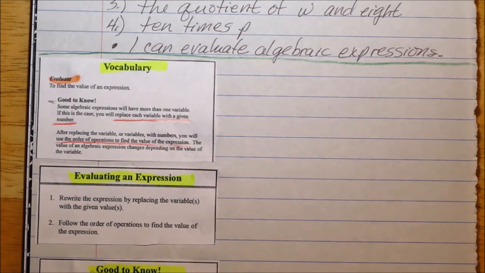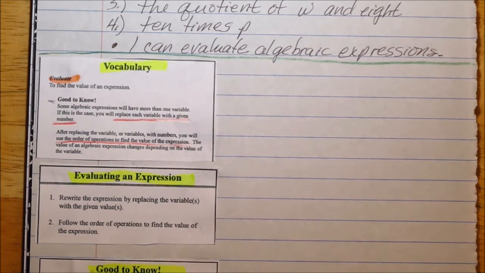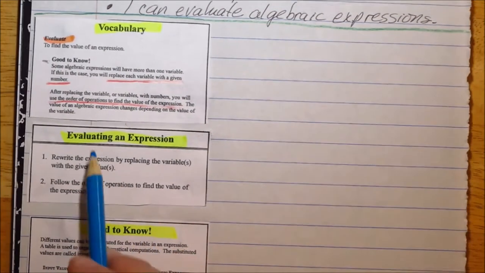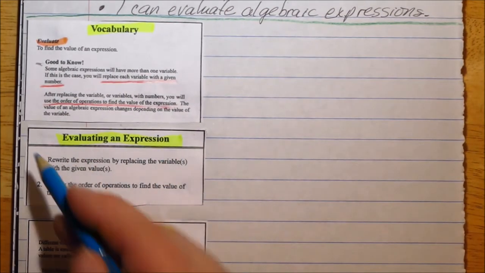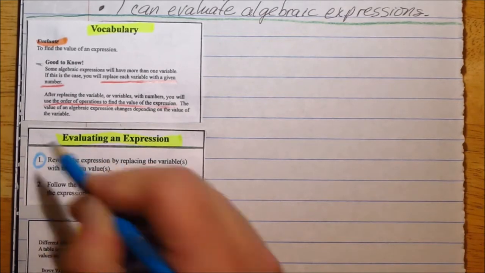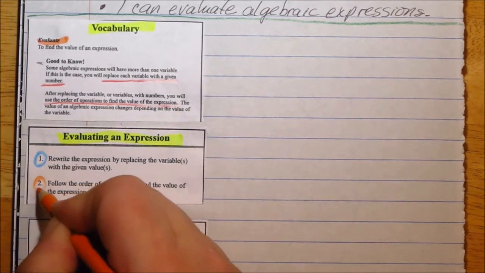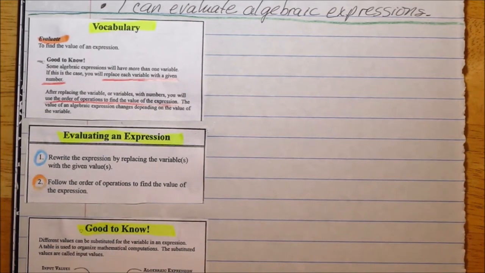That's all there is to it. So it kind of restates that down here in our instructions. How do we evaluate an expression? Well, first, we rewrite the expression by replacing the variables with the given values. And second, we follow the order of operations to find the value of the expression.